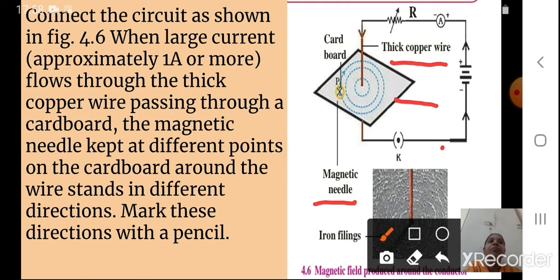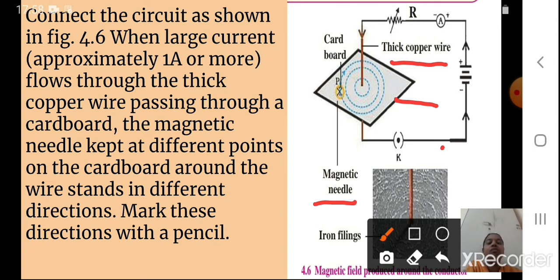When the current is flowing through the thick copper wire, if the magnetic needle is kept at different points on the cardboard around the wire, it will stand in different directions. The magnetic needle will change its position.